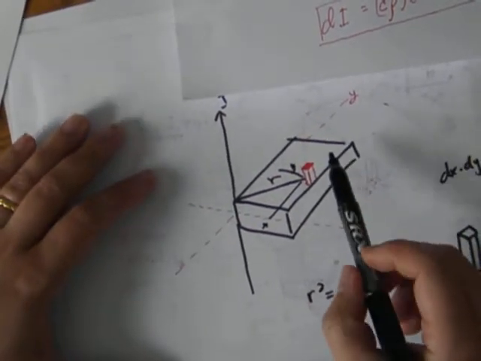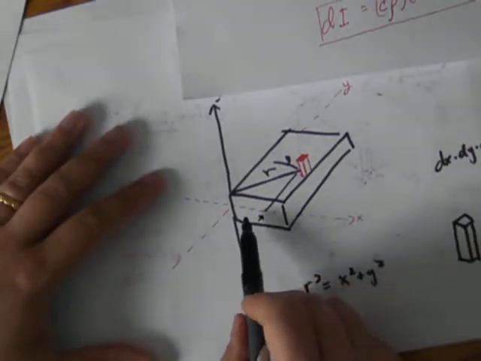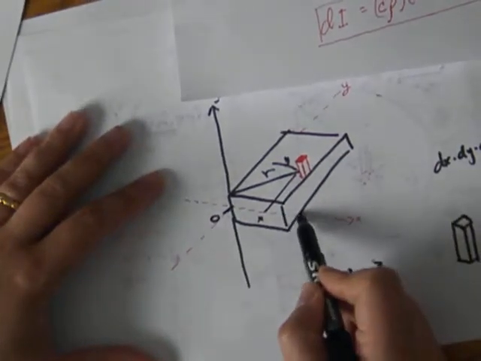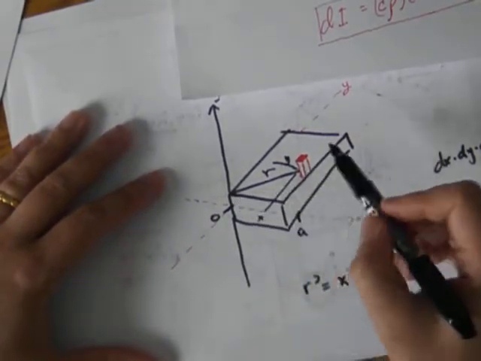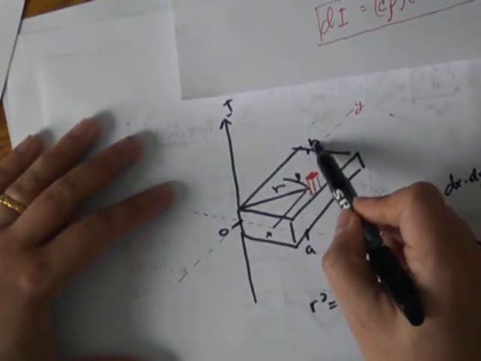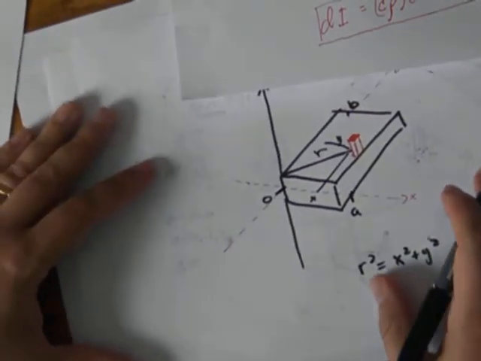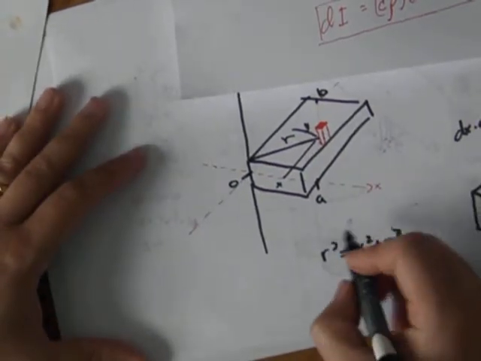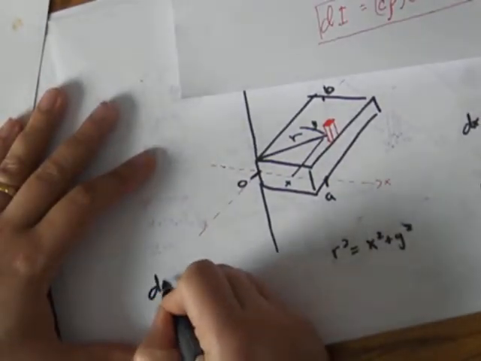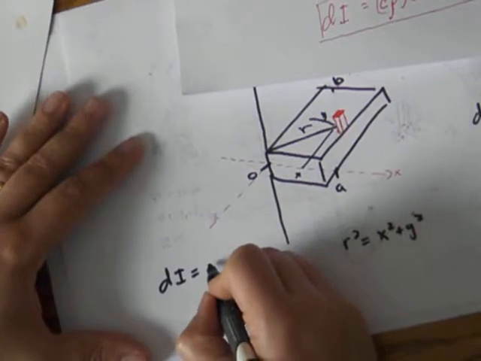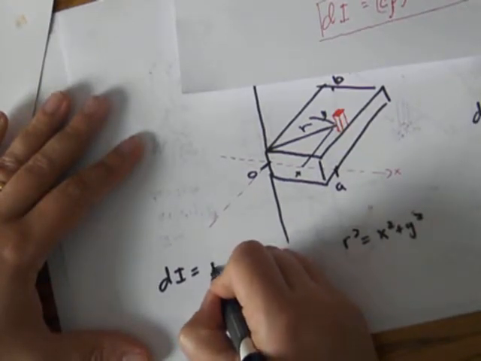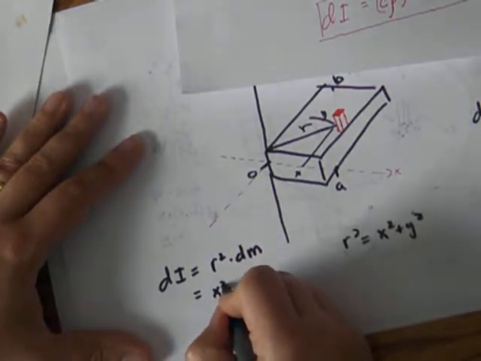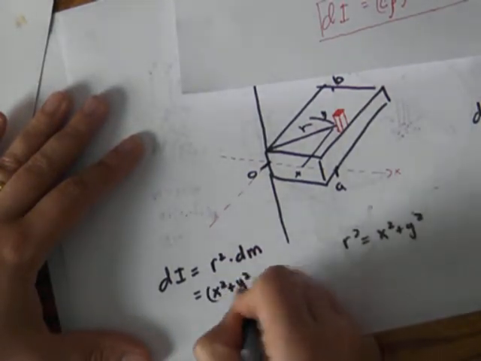But unlike the last example where x was going from negative a over 2 to positive a over 2, this time x is going from 0 to a and y is going from 0 to b. So it's really going to be the same integral as before with different bounds. So again, by definition, the small moment of inertia will equal r squared times dm, and r squared is just x squared plus y squared.